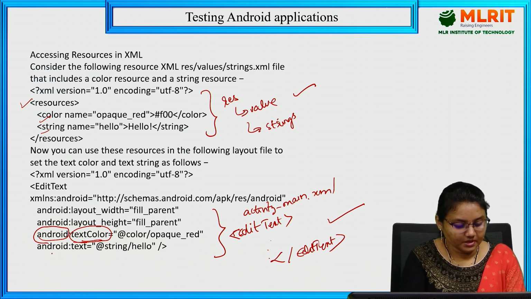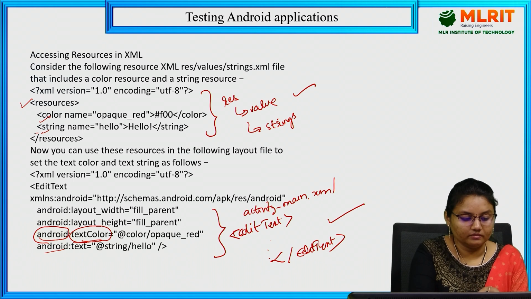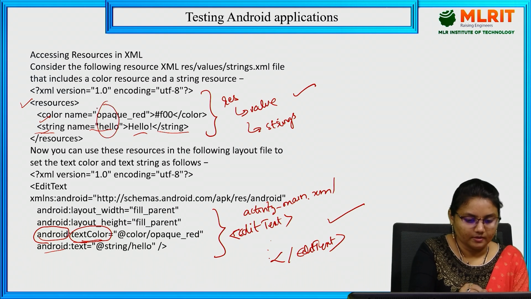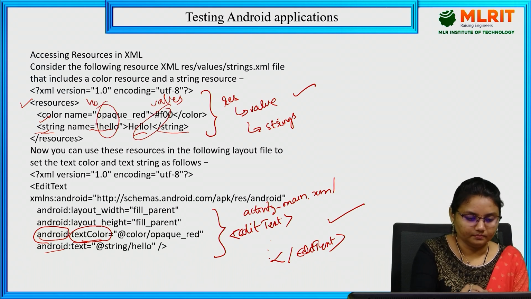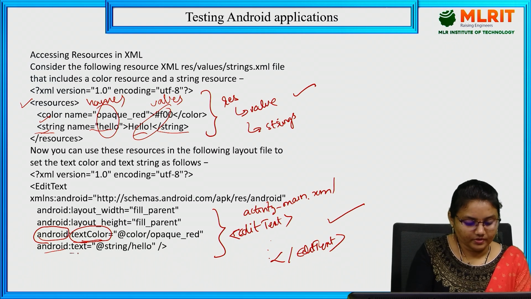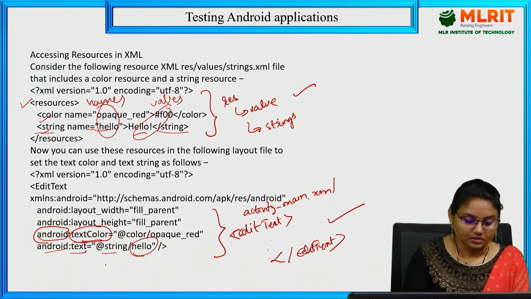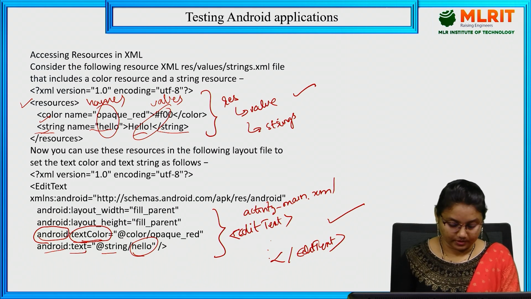Similarly, if you wanted to pass a string hello, what we are doing here, we are giving a string element. Under that, name is defined, value is defined. These are the names, these are the values. That is what we are giving here, text, string, hello. So this is a resource type and resource value. So both the ways you can do it.